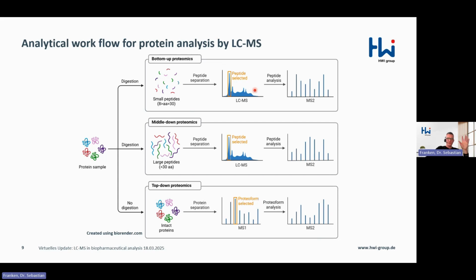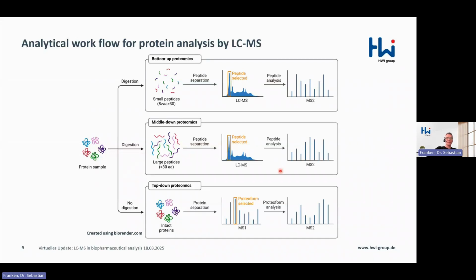Often trypsin is used, an enzyme that has a high number of recognition sites inside of the protein. So what we receive are quite small peptides. And these peptides are then separated by liquid chromatography. They are transferred to the mass spectrometer, and there we do a peptide analysis. So we can analyze the sequence and the size of the peptides.